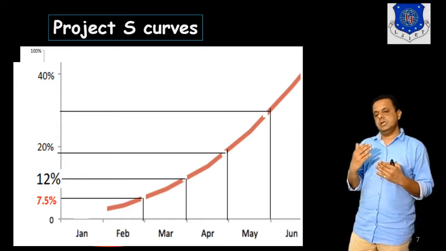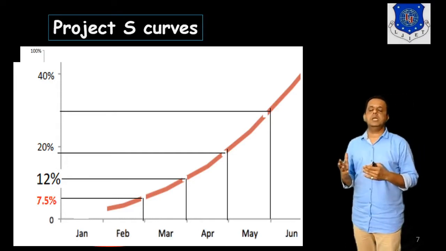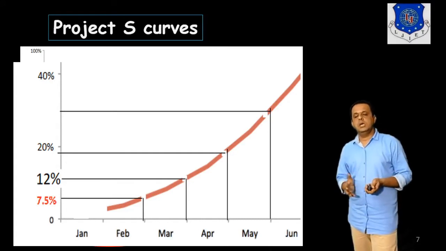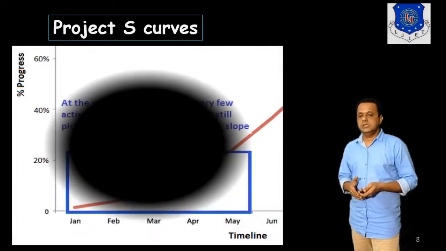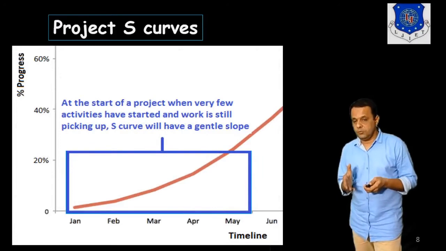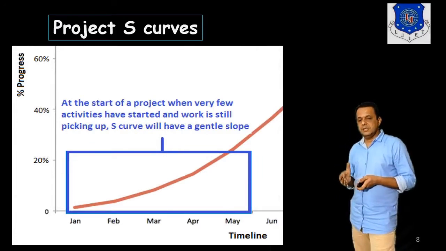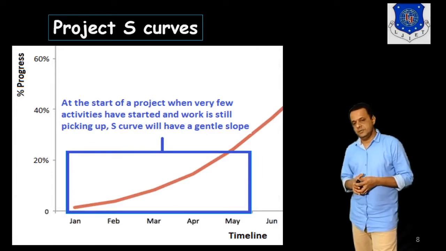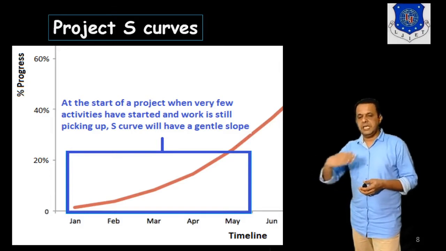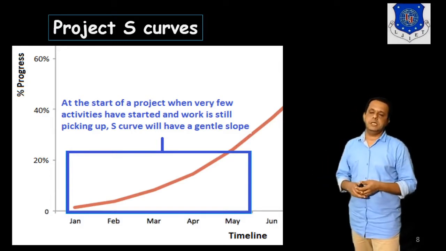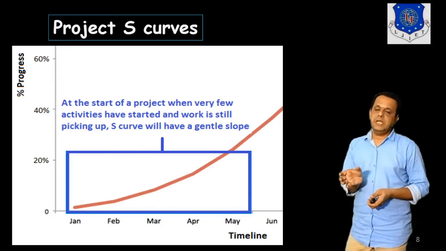The finishing is only 12%. So it is the initial part and very slow input. So at the start the project has very few activities, and so it is still picking up. It has not taken up full-fledged speed, and it will have a very gentle flow.